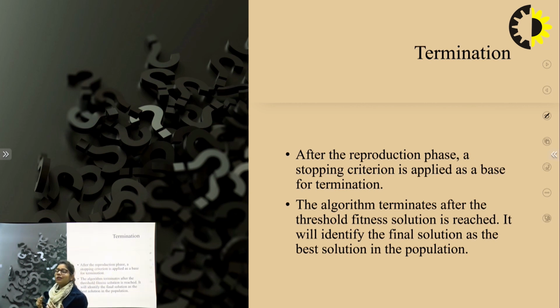Then it identifies the final solution as the best solution in the population. A threshold is set, and when we find the best solution and it hits the threshold level, then this is the best solution for our algorithm.